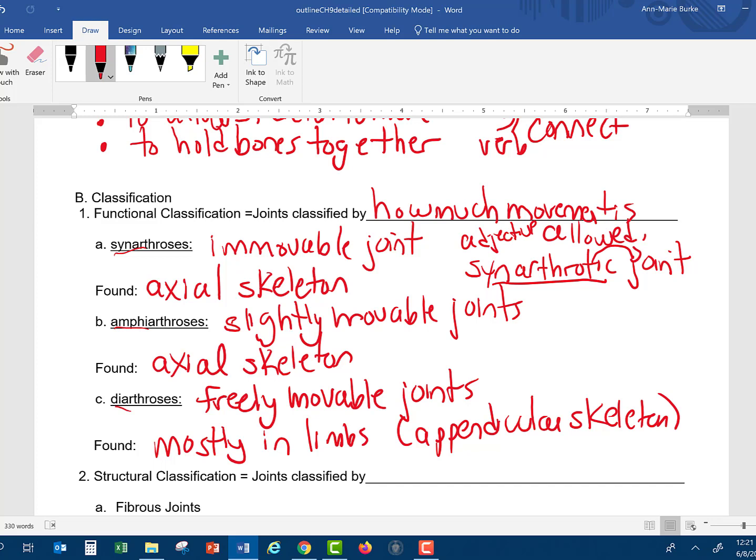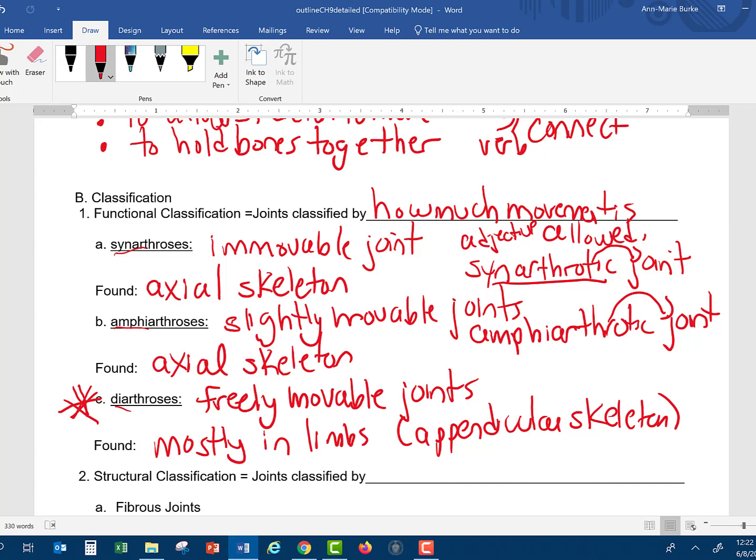Or you could just say it's a synarthroses, which means it belongs to that category. Likewise, for amphiarthroses, you could say amphiarthrotic joint, or diarthrotic joint. You can put all of the joints in the body in one of these categories. The most common is diarthroses.